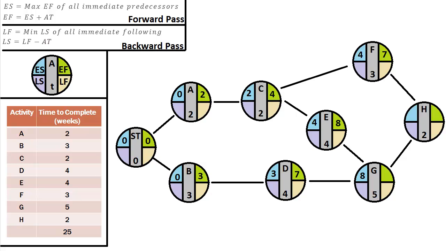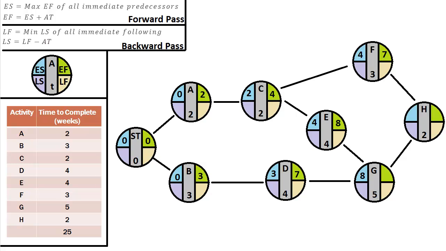There we go. And that should make sense, because remember, by definition in our network diagrams, for G to begin, D and E both have to be completed. So we have to wait on E to be finished before we can begin G. Therefore, the earliest finish in E of 8 weeks is going to be the earliest start for G. Even though we may be done with D earlier, D may get done before E, but we still have to wait on E to get finished before we can start G. And in this case, that is 8 weeks.